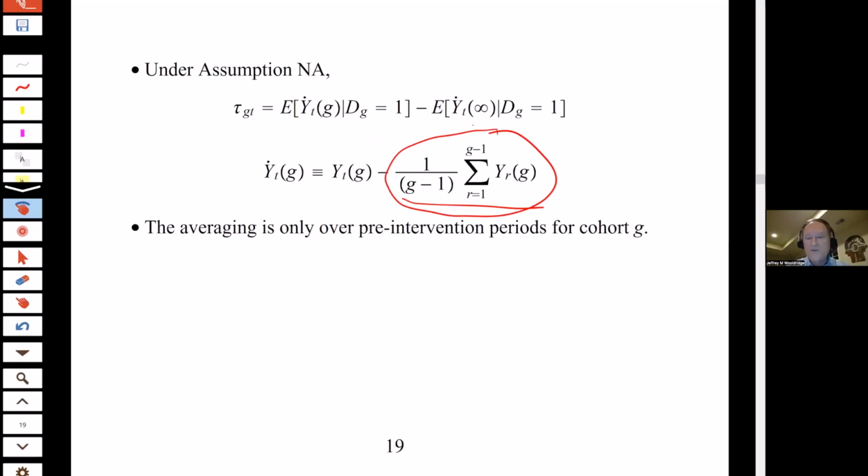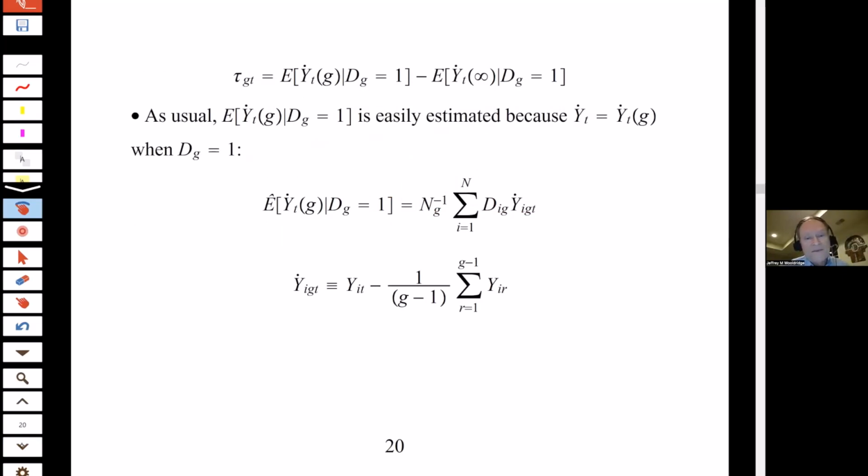G minus 1 is all of the time periods prior to the intervention occurring for this cohort. So instead of just differencing one observation before the treatment, we're going to essentially average all of these things.